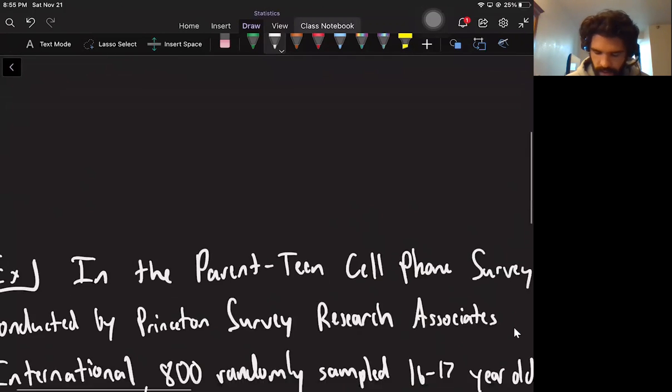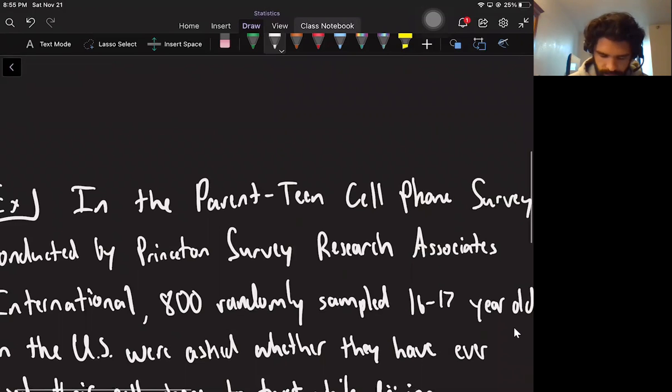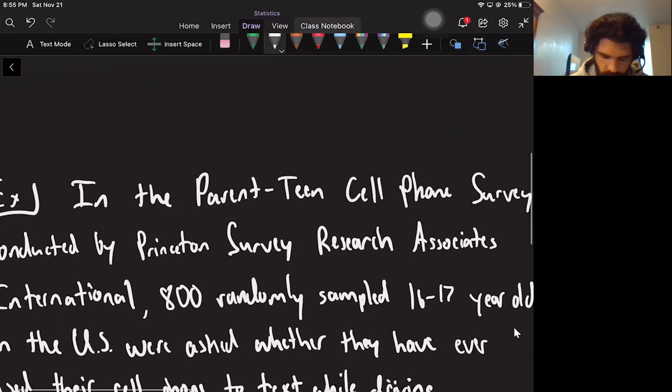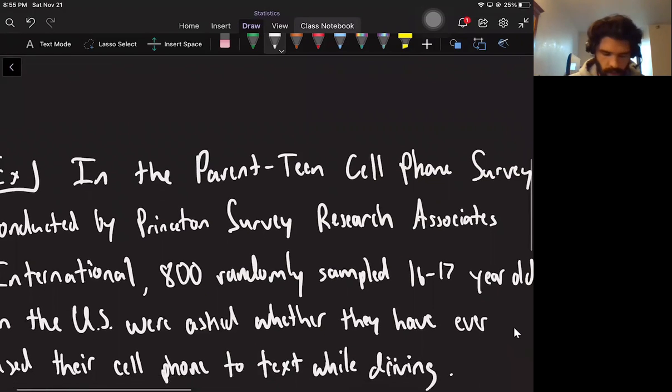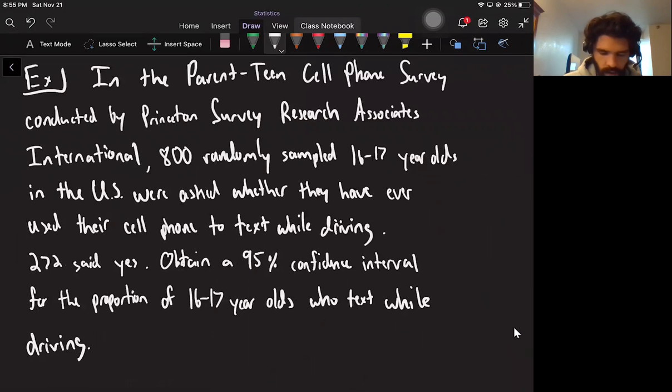That's the idea. Okay, so here's this big example that I pre-wrote because it's so long I didn't want to write it on screen. In the Parent Teen Cell Phone Survey conducted by Princeton Survey Research Associates, 800 randomly sampled 16 to 17-year-olds in the US were asked whether they have used their cell phone to text while driving.